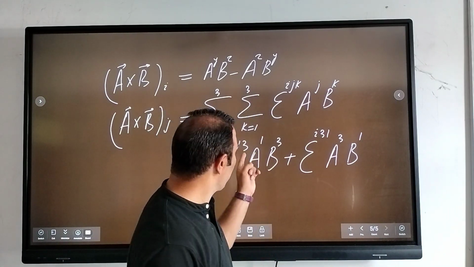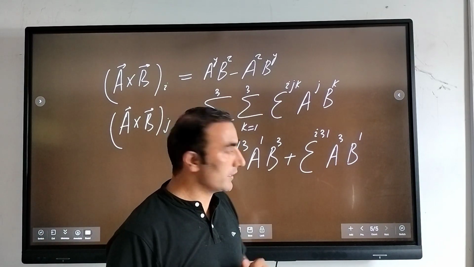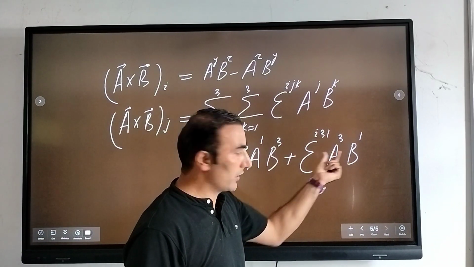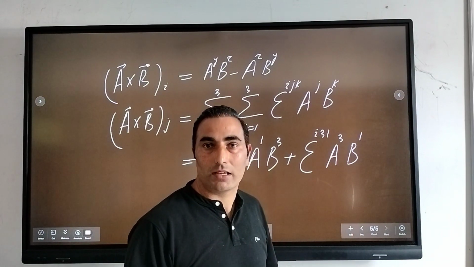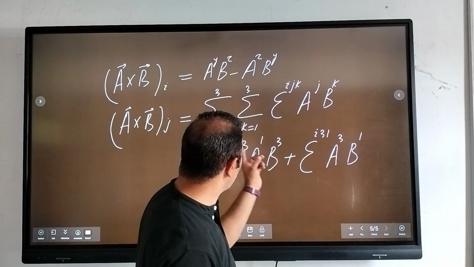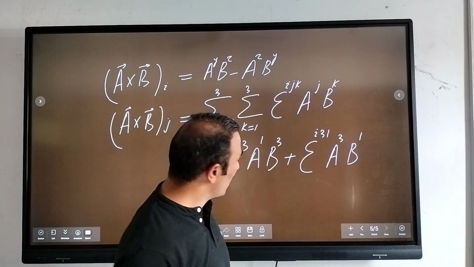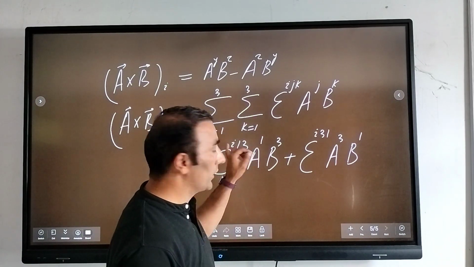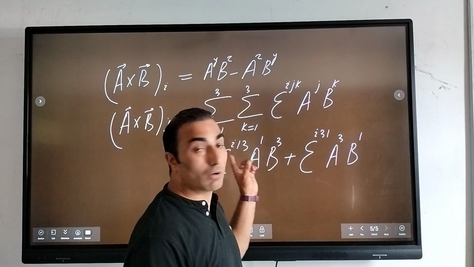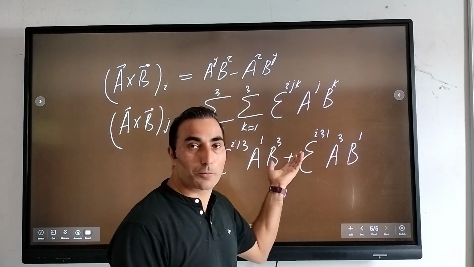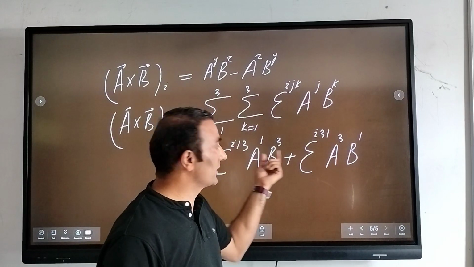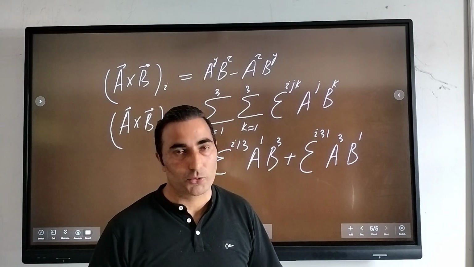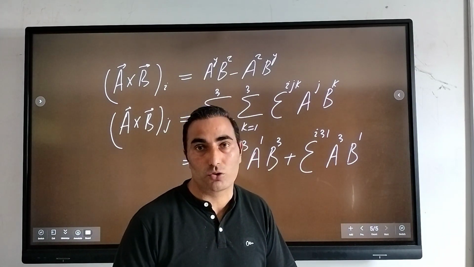So 1 corresponds to x and 3 corresponds to z component. And one possibility is that a can be a1 meaning ax, or it can be az, and here it can be bx. So that means both the possibilities, and that's what I wrote here, epsilon i31 and epsilon i32. Now, following the property of that Levi-Civita symbol, the only possibility for this i is that it can be equal to 2. If I take 1, then 1 1 3 will be 0. Similarly, I cannot put 3 also, so it is 3 1 3 or 3 3 1. In both the cases, epsilon ijk will be equal to 0. So the only possibility for that i should be equal to 2.